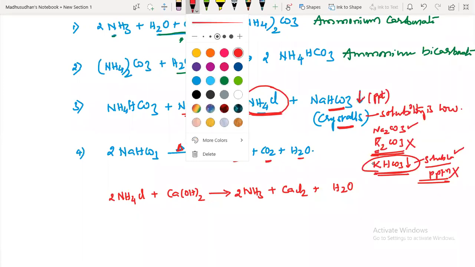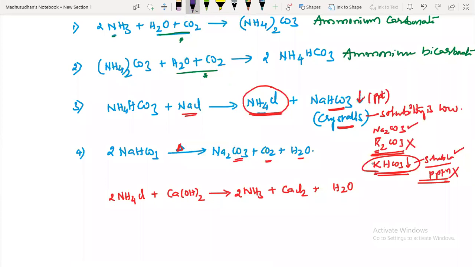Guys, look at this. What is the first reactant we have taken? Ammonia, right? So in the third step, ammonium chloride is formed, and on reaction with calcium hydroxide, you are getting ammonia as a main product here. This ammonia is recovered.